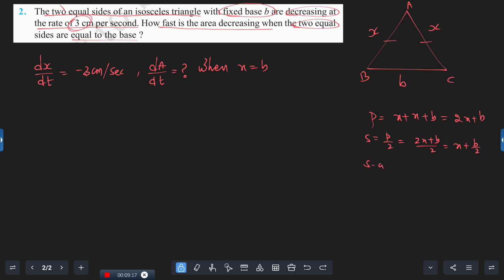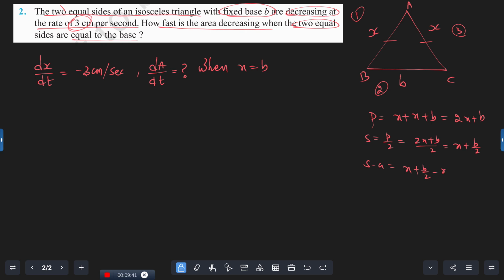S minus a: a means any one of the sides. This is a side, this is b side, this is c side, like that. First side, second side, third side.